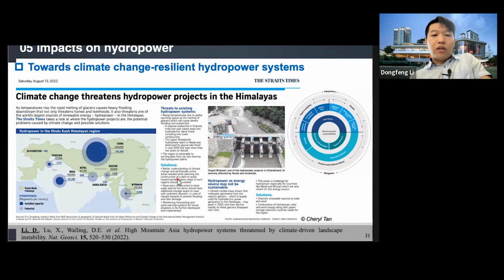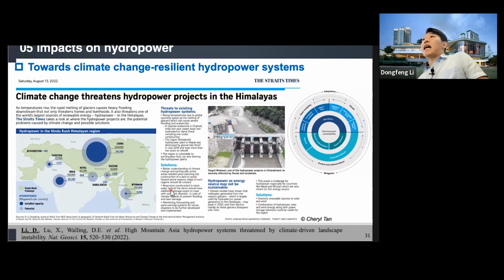Of course, we need to better understand the high risk areas. In addition to climate related high risk areas, there are also earthquake related high risk areas. And we also need to consider the sediment issue in future hydropower design.